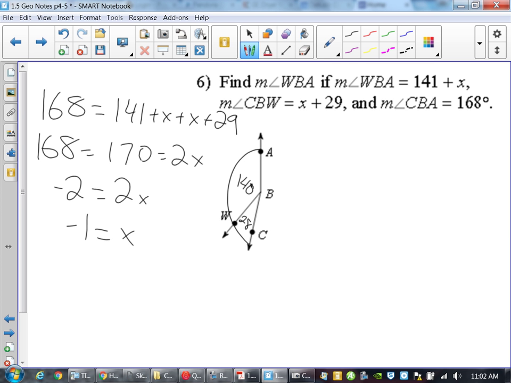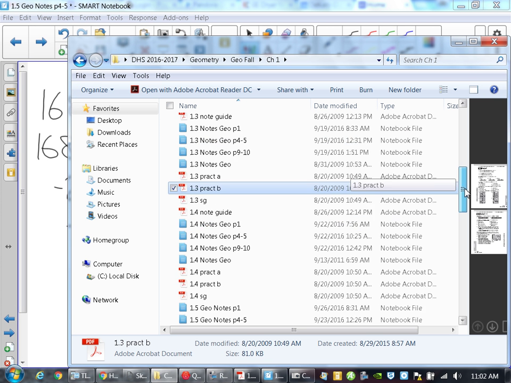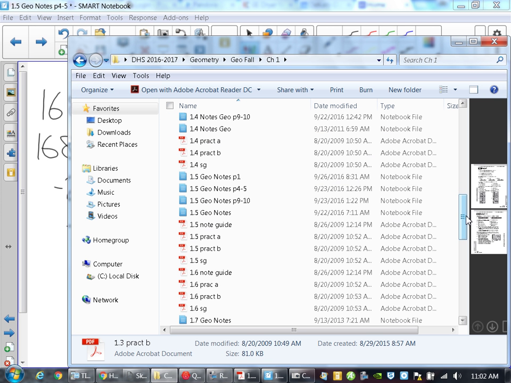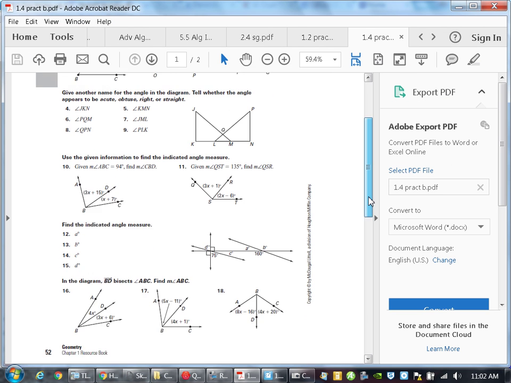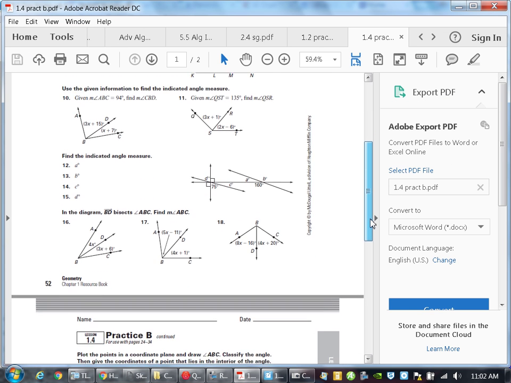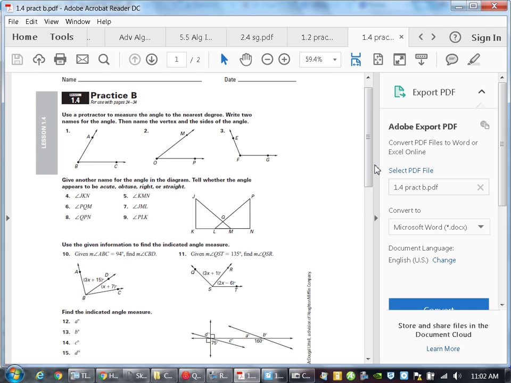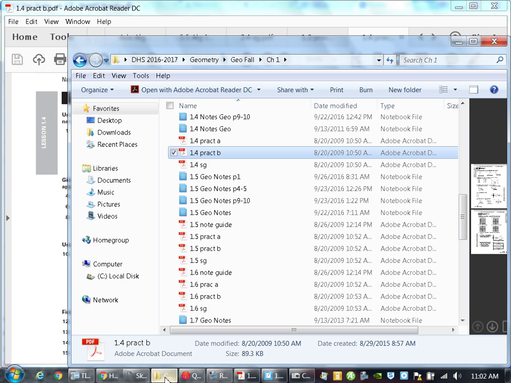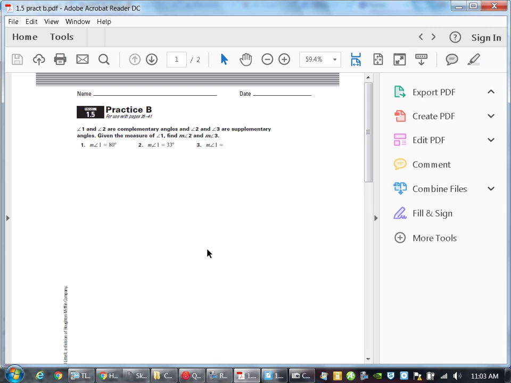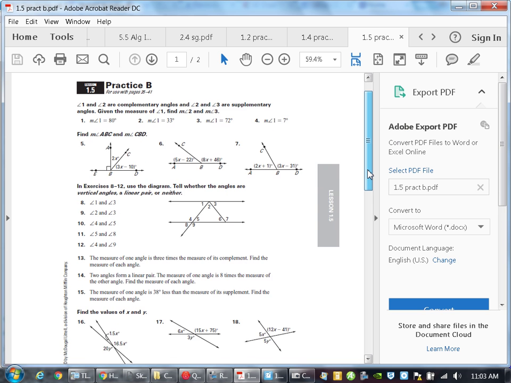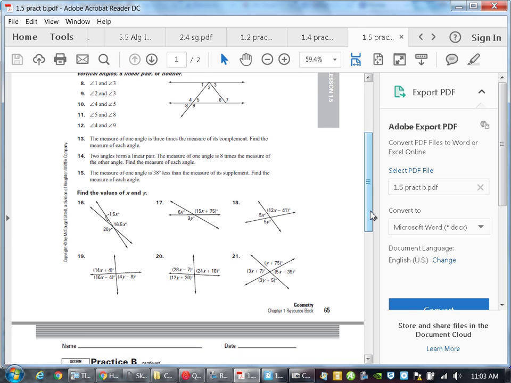So, let's see. The last bit of this then. Where's the 5 section? Is when we got into complementary and supplementary.